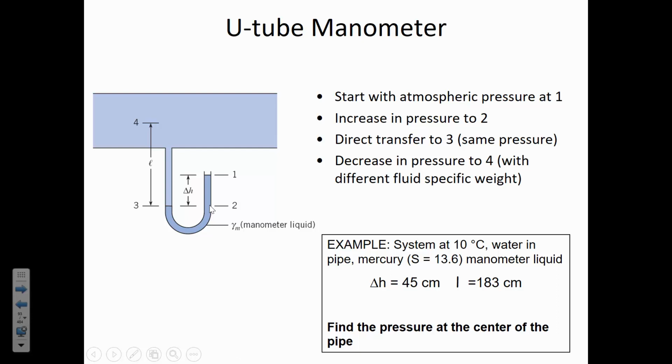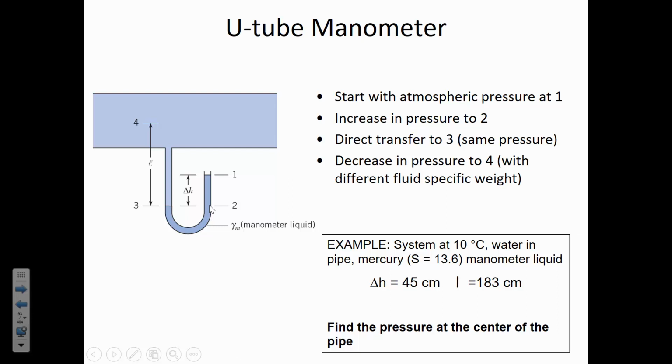The point is that the pressure at 3 and the pressure at 2 are the same because they're at the same elevation, and we went through just a single continuous fluid to connect them. So the pressures at 2 and 3 are equal. I'm going to say P3 equals P2 equals 60,037 pascals. So that's the pressure at 3.